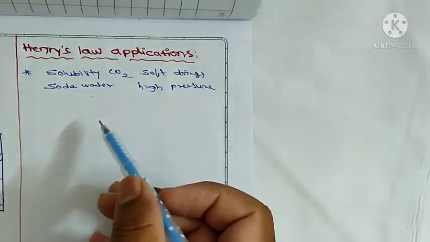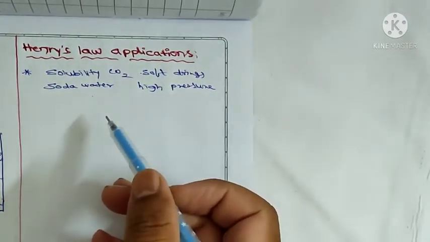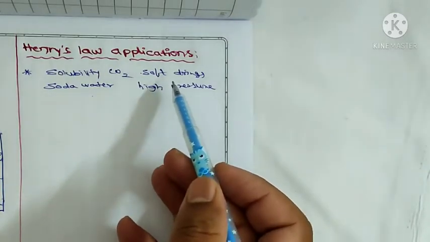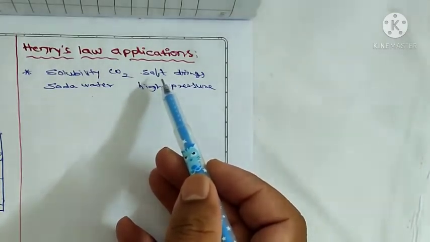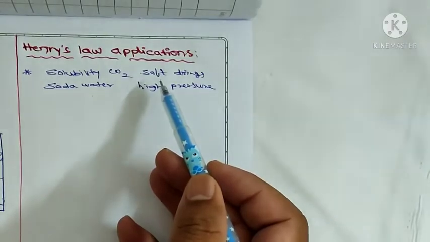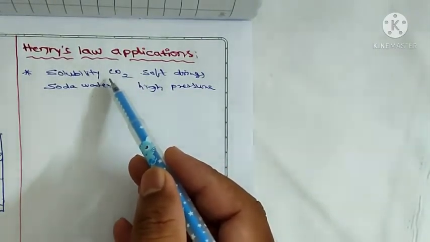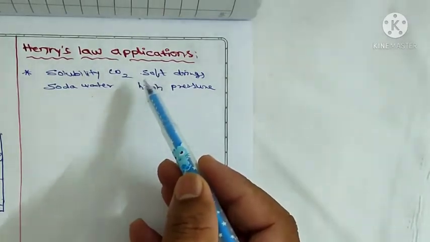And we know Thums Up and 7 Up are some of those soft drinks. So in those soft drinks, there is more pressure. Because of that more pressure, the CO2 solubility increases in those soft drinks.